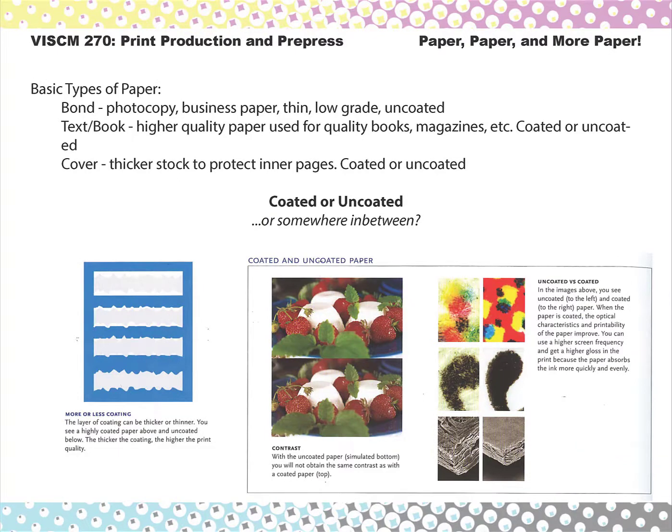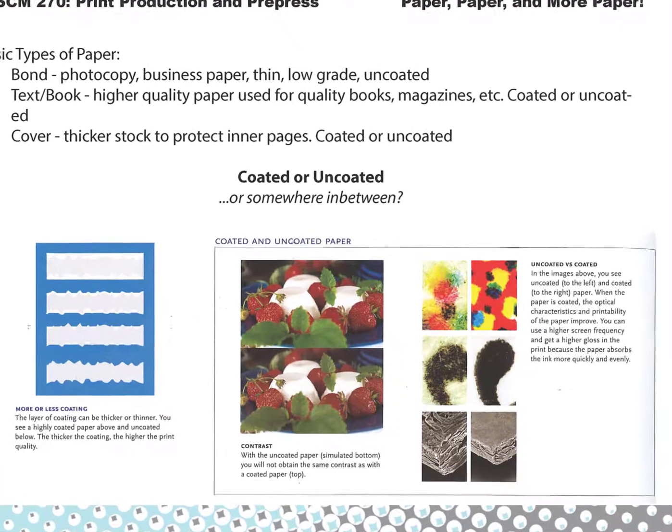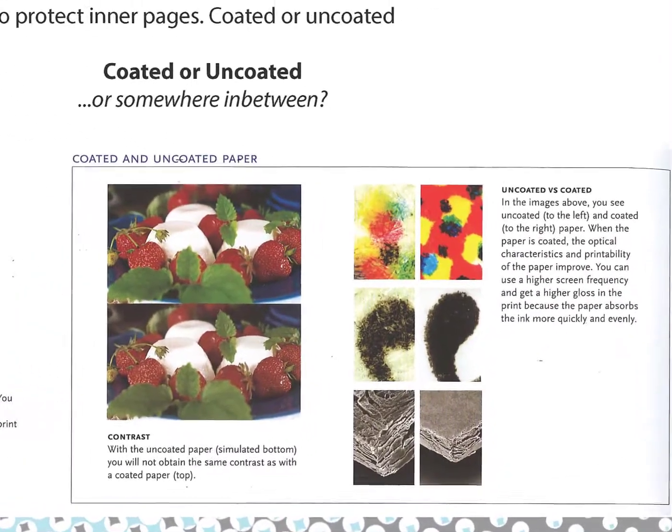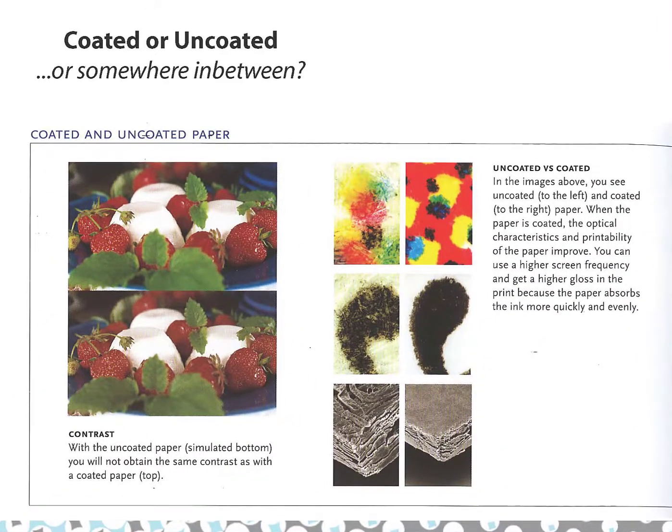So when it lands on an uncoated paper, and if you look over to the right, there's a comparison between uncoated and coated papers. With the uncoated paper, the ink gets absorbed into the fibers of the paper more compared to the glossy paper, which has a coating that makes the ink sit more on top of the paper.